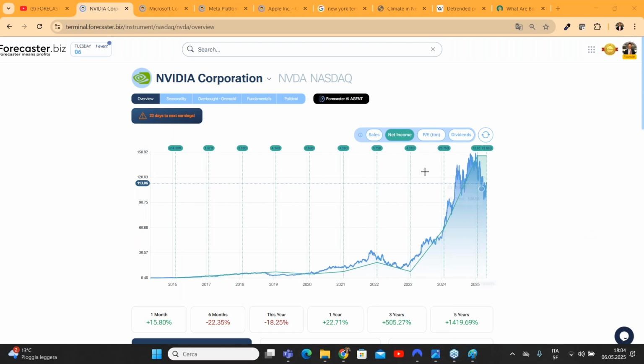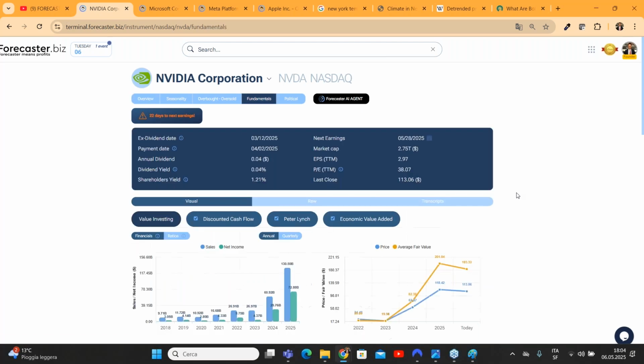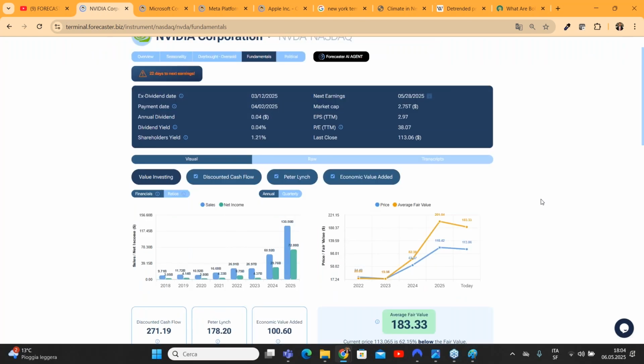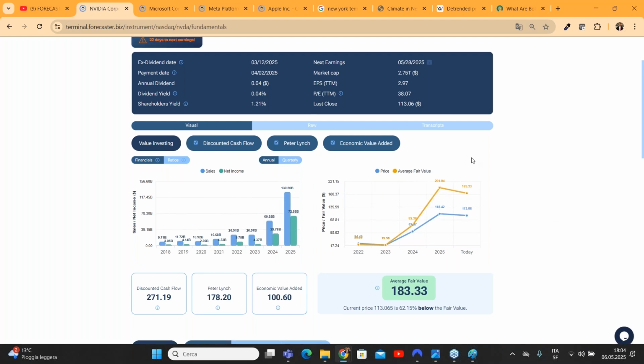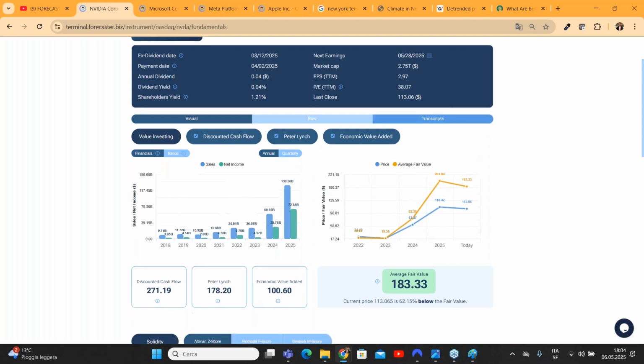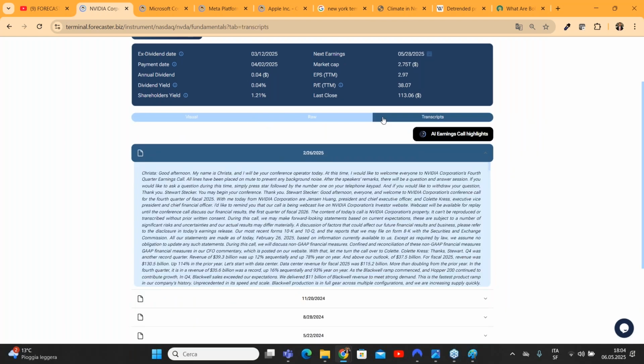Okay. So thanks to the fundamental analysis, what we try to do is understand if the company is doing well and if the company is over or undervalued. So in this case, for example, talking about Nvidia, we have three different layers. Okay, we have the visual layer where we can find charts regarding the company results.